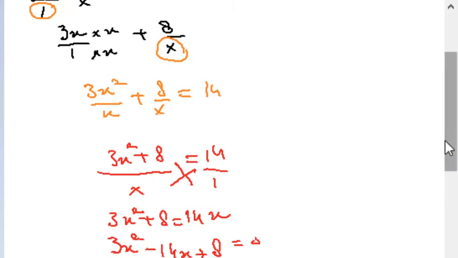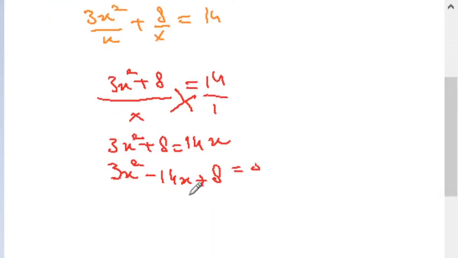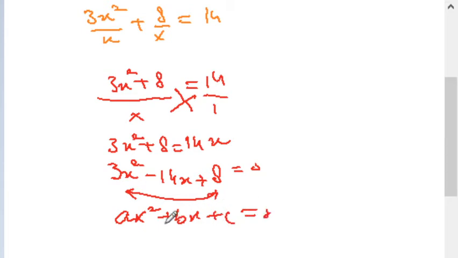Now the rest of the procedure is the same as in the first method. Multiply the last in the first, but for that I always tell my students to bring the expression in order, ax square plus bx plus c. Now it's already in order, plus c equal to 0.